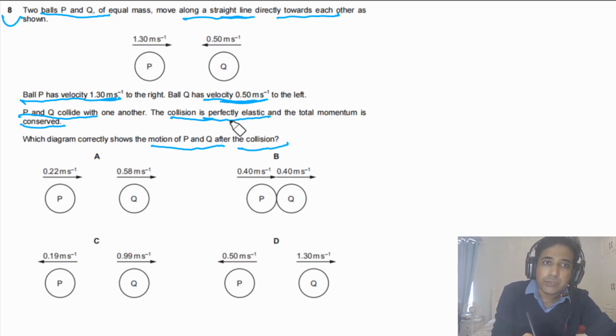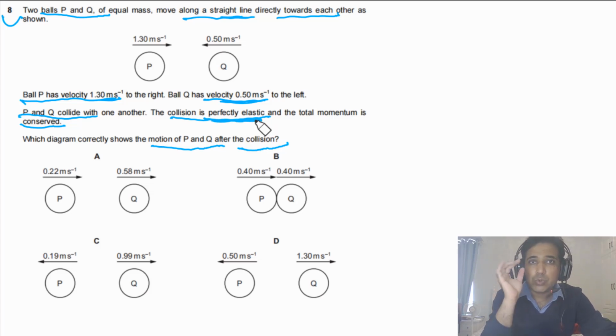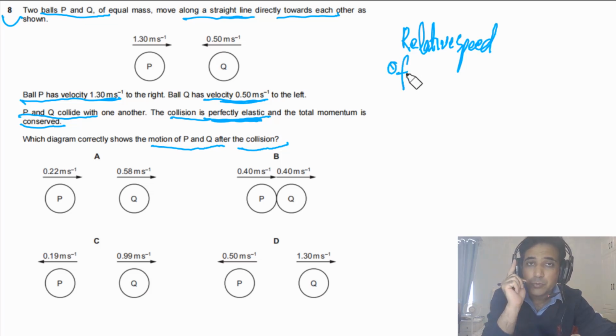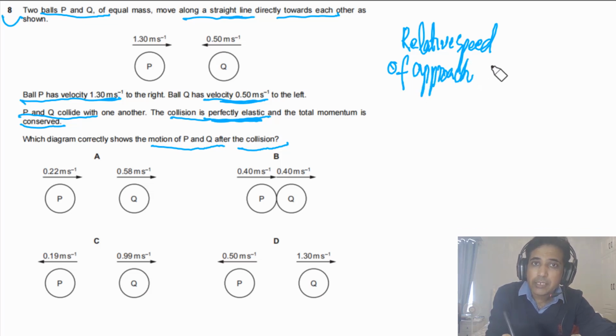For this question, it is given that this is a perfectly elastic collision. The smart way to answer these questions is to use the fact that the relative speed of approach has to be equal to the relative speed of separation, and this is only true if the collision is perfectly elastic.